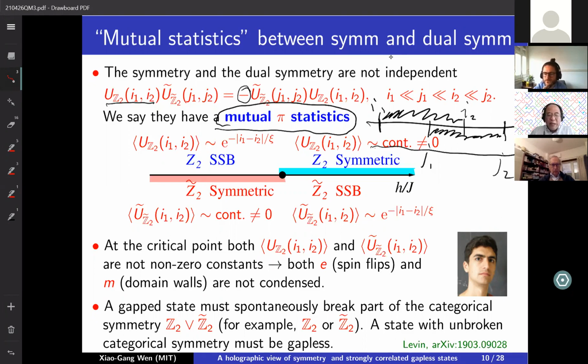That's why we gave this symmetry a special name, categorical symmetry. That's why we try to emphasize that this kind of symmetry is important. The categorical symmetry has this non-trivial mutual statistics, which may have a close tie to gapless states. That is the motivation.